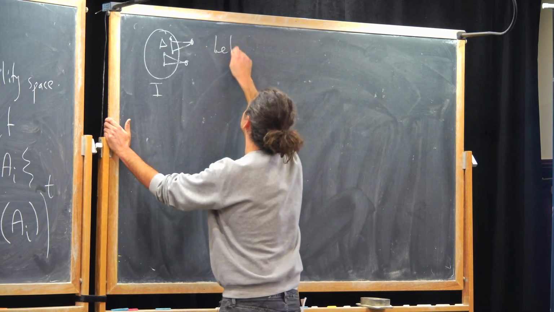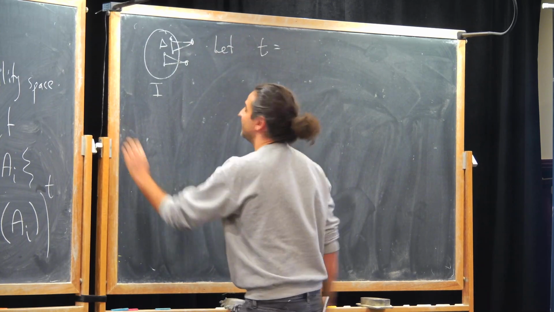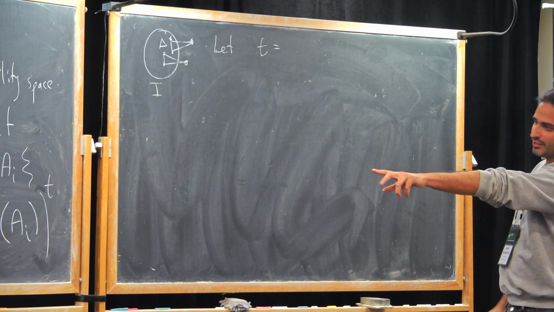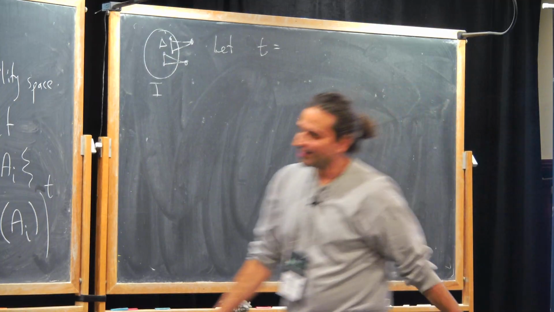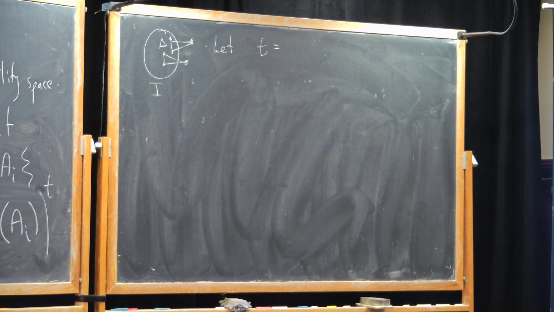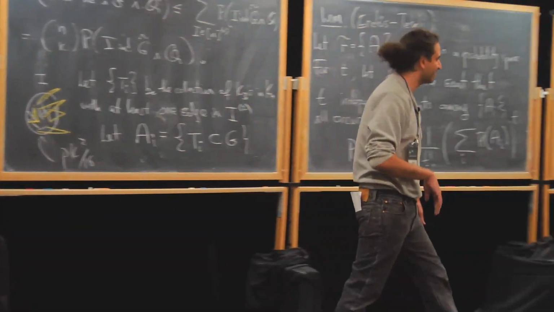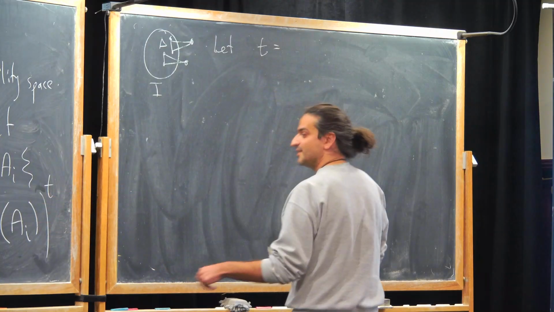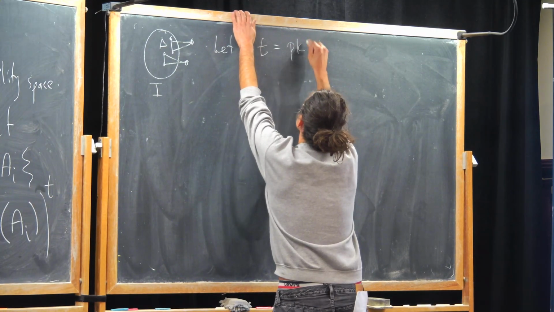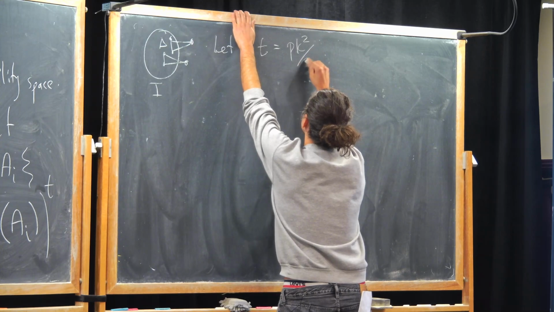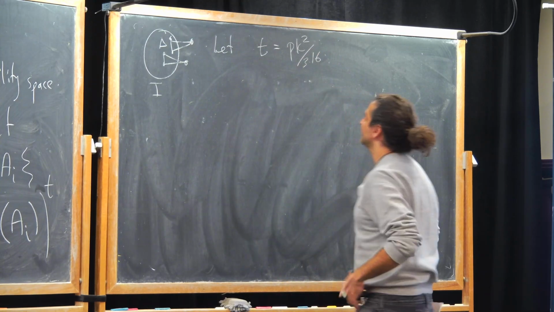So let t be. Okay, so how many triangles do I at least need to see? I'm actually just realizing you do potentially have these triangles inside of here. So let's just lose a factor of 3. Doesn't matter anyway. So this is p times k squared times some number.